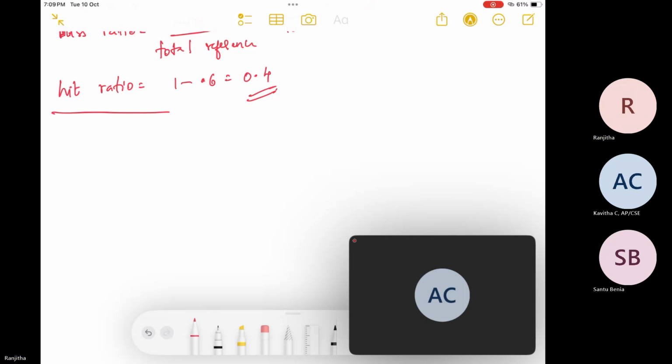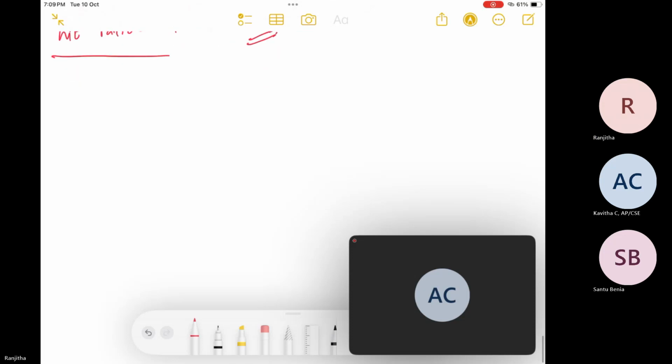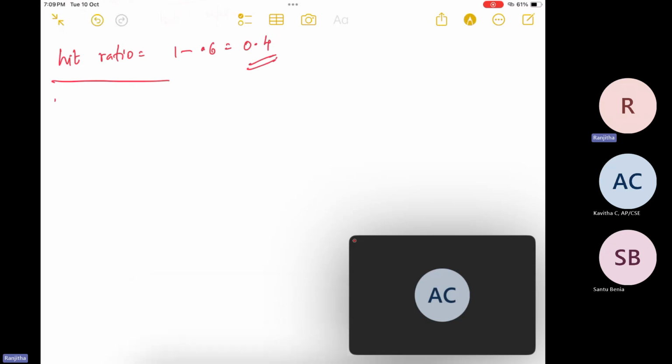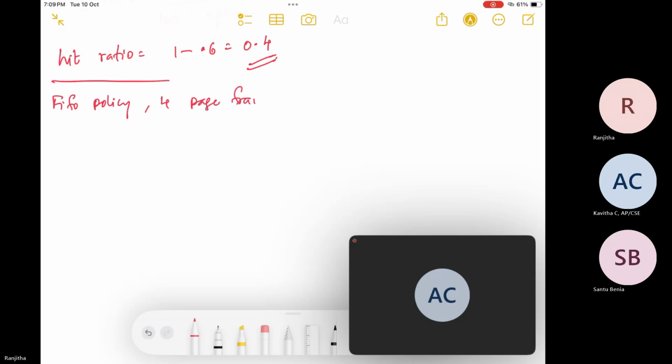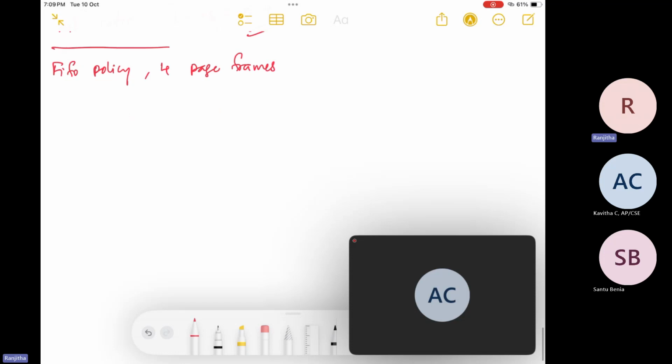So one more question. These questions I'm taking from online, like old GATE questions. So another question is, a system uses a FIFO policy for page replacement, and it has 4 page frames with pages loaded.